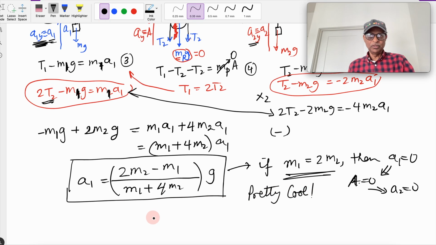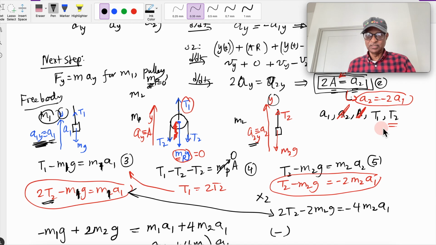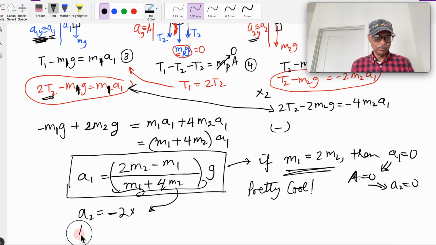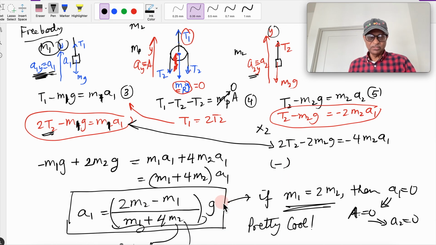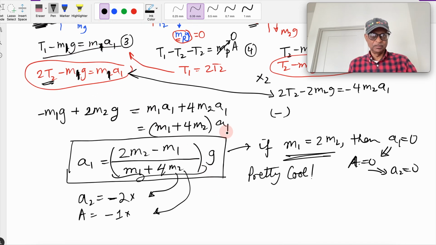Okay, so now of course, you can ask what is A2? It is very simple. We already know it is minus 2A1. Minus 2 times, what's A is minus 1 times this stuff. So you don't want to write this down. What is the tension? Well, I can get tension from here.